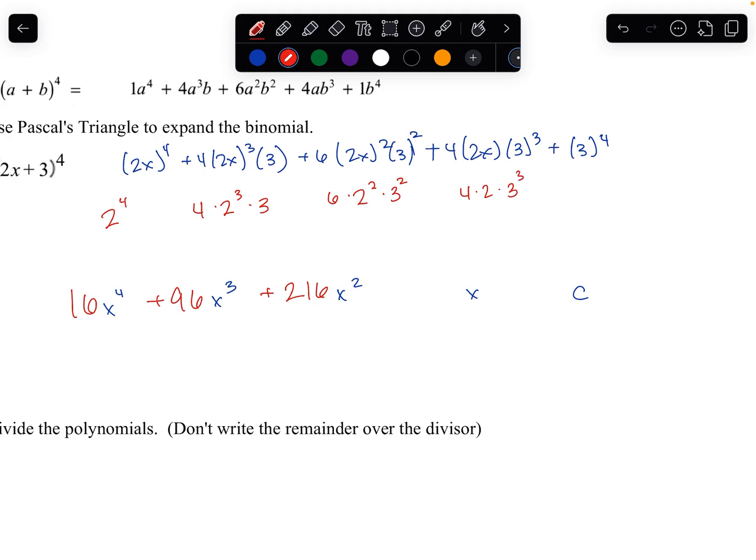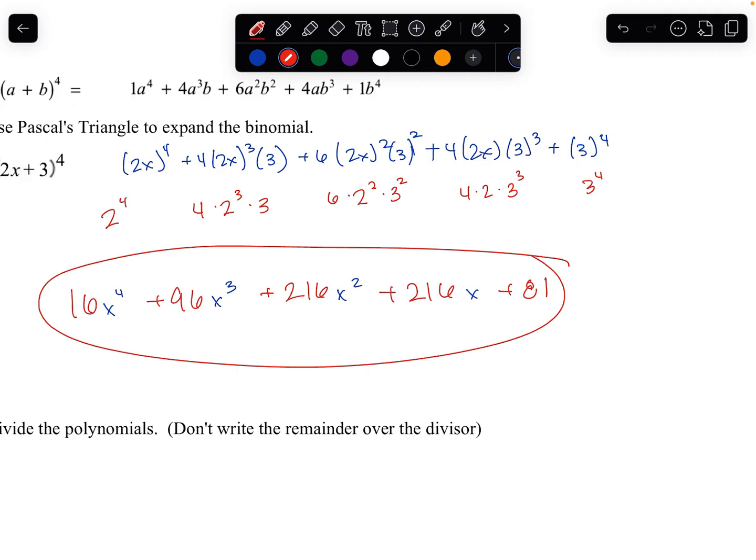So that's going to be 8 times 27, so that's going to be plus 216, and then this one's just going to be 3 to the 4th, and 3 to the 4th is 81. So then this constant right here is just going to be plus 81. So this right here is what you would type in for your answer.